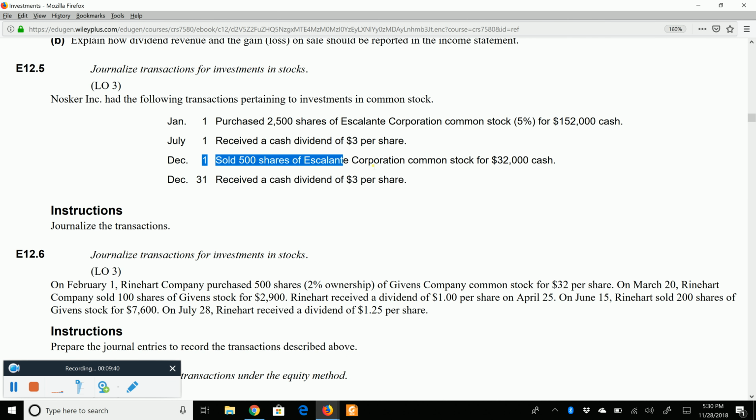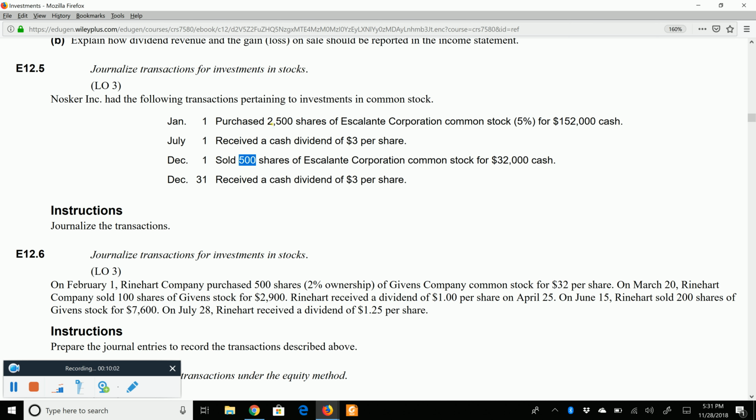Okay, now let's take a look at December 1st. What did we do? We sold 500 shares for $32,000 cash. Now, what we need to know, well, we know we sold it for $32,000 cash, but what we need to figure out is what was the original cost that we bought it at? Well, how many did we sell? 500 shares.